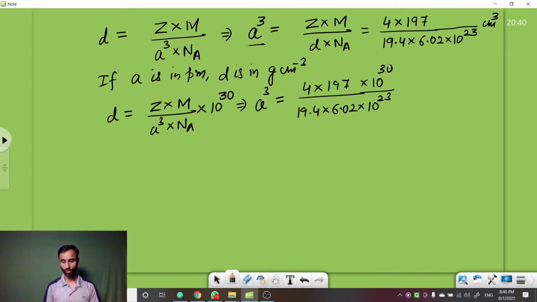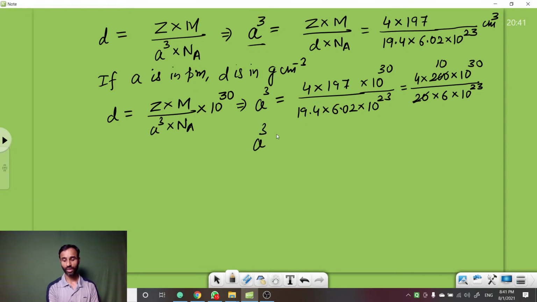Now let's approximate the results. 197, just take it as 200. So 4 × 200 × 10^30 divided by 19.4. Let us take it as 20 × 6 × 10^23. So 20 it becomes 10.